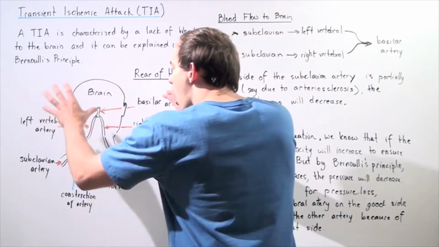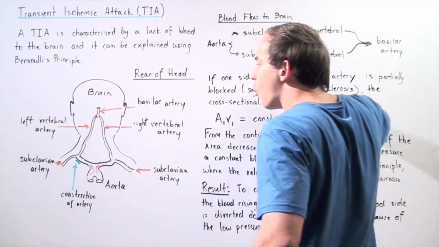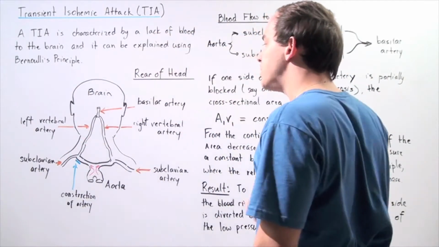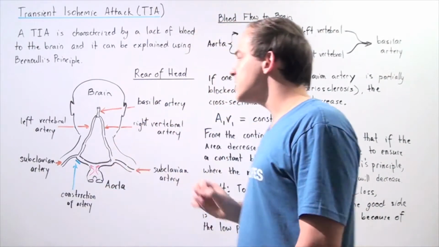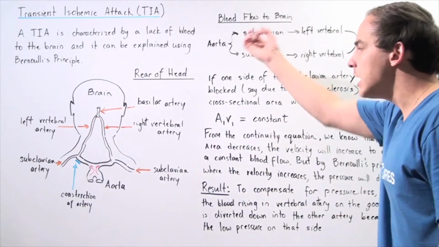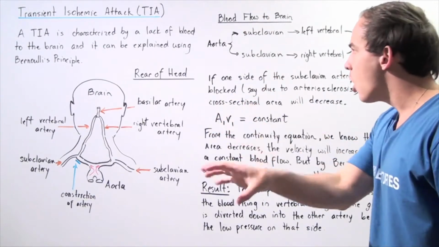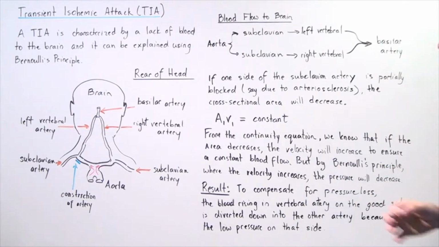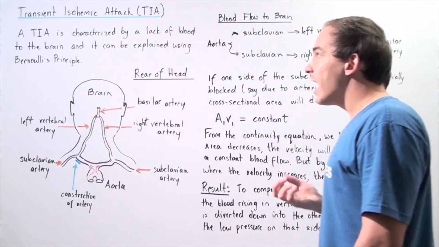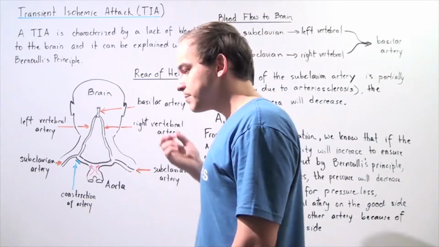These two arteries then connect to form the basilar artery, which takes the blood into the brain. Once again, the pathway of the blood flow to the brain from the heart is shown by the following diagram. Now, let's examine how a TIA takes place.